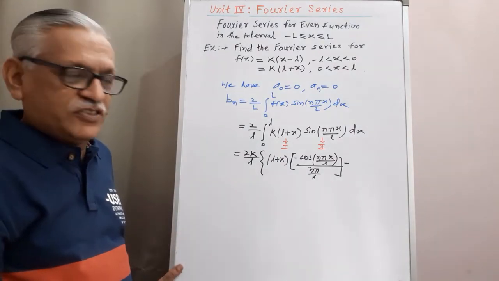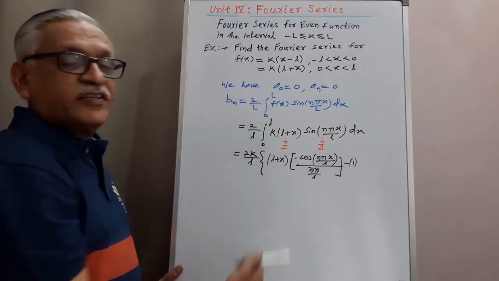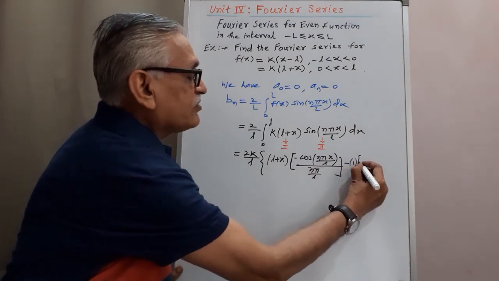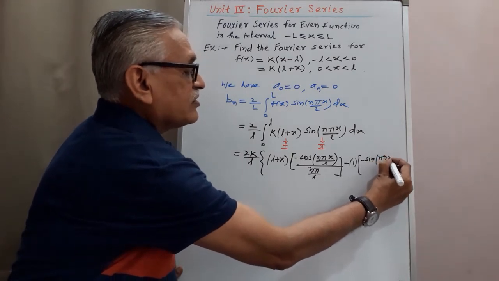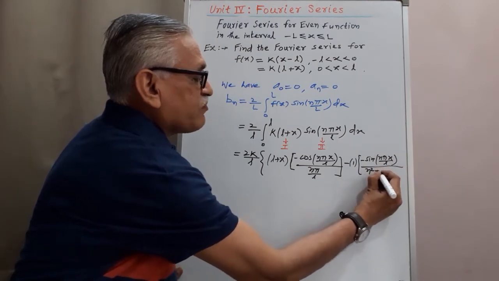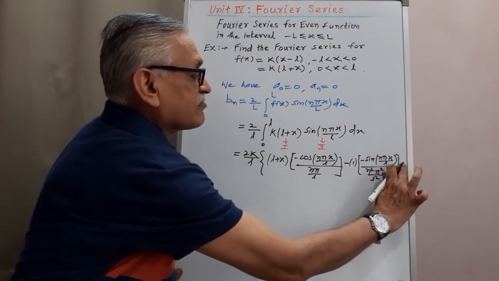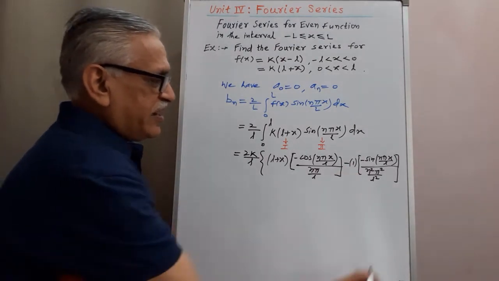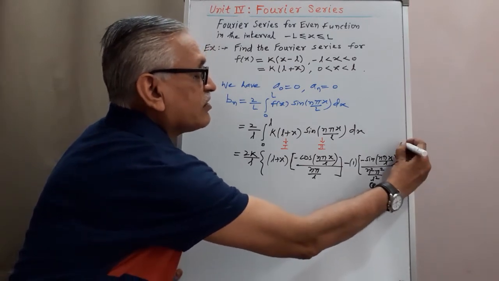L is a constant term, its derivative is 0. The derivative of x is 1. Next, integration of cos is sine, with this minus sign, and therefore it is −sin(nπx/L) divided by n²π²/L². Next derivative is 0 as it is a constant term, and we stop here, with limits from 0 to L.